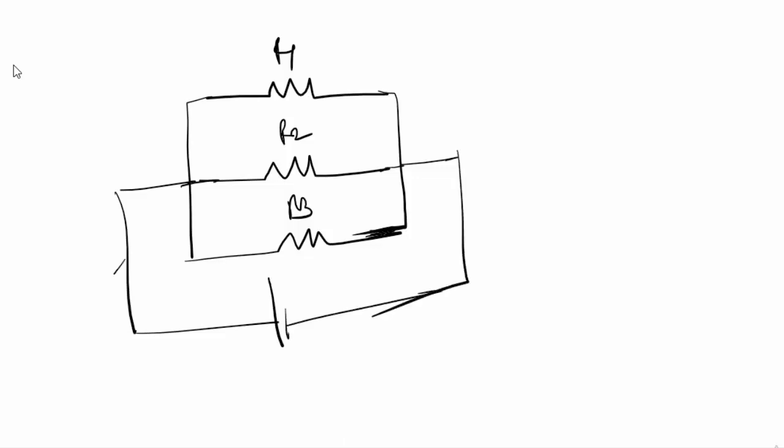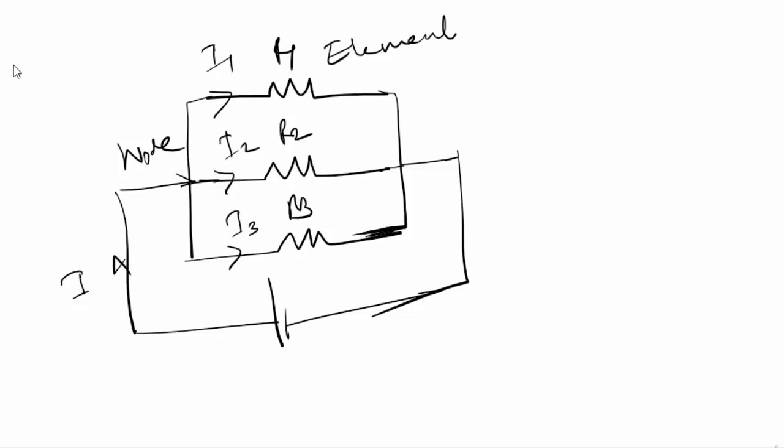The current I will flow, and it will divide itself into I1, I2, and I3. This is a node, and these are my individual elements. And this is something known as a loop.